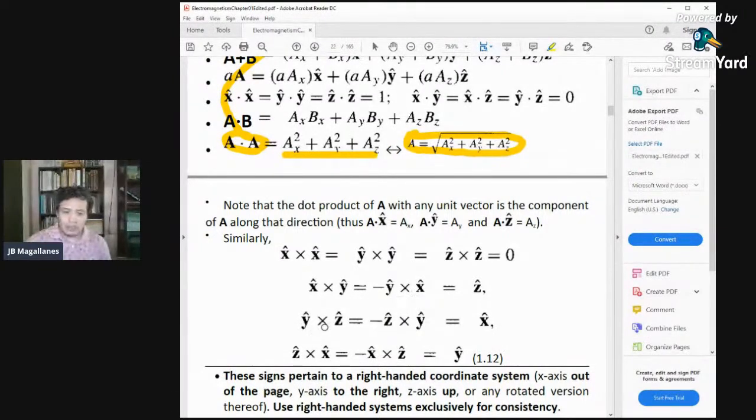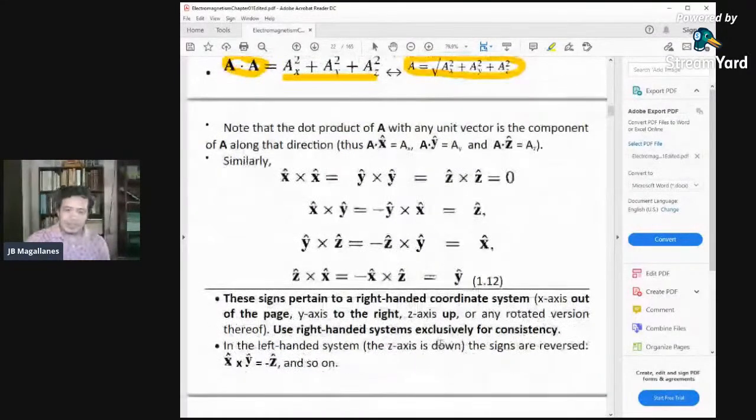Y cross z is equal to x, and negative z cross y is also x. So look, x, y, z, and this is y, z, x. There's an order here: x, y, z, y, z, x, and then z, x, y. So if you cross z with x, that's just equal to y. So just use your right hand to be able to know the direction.